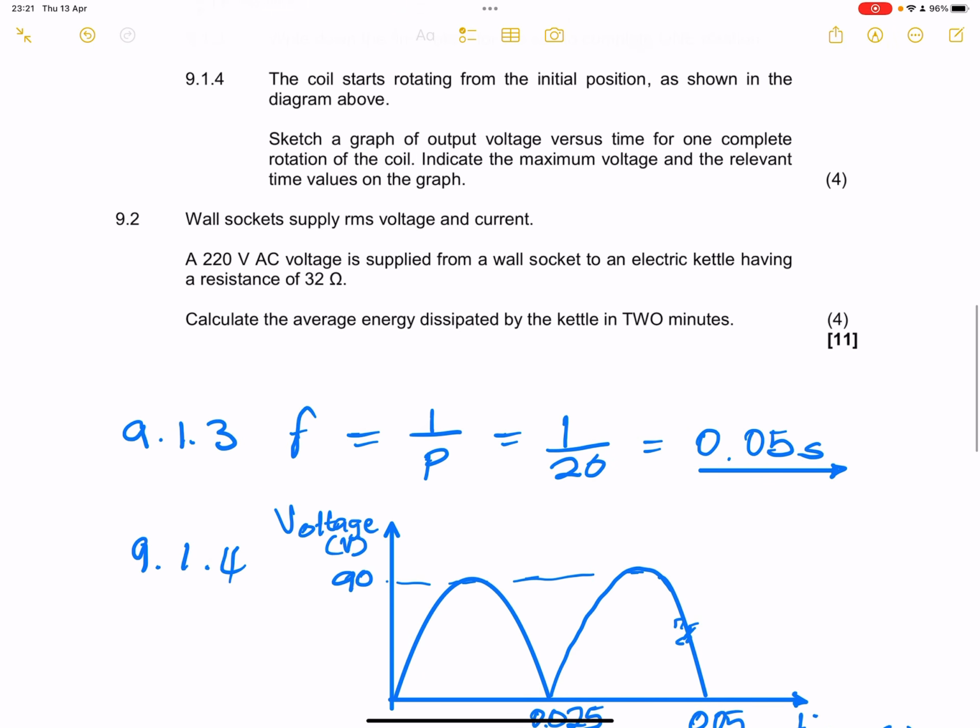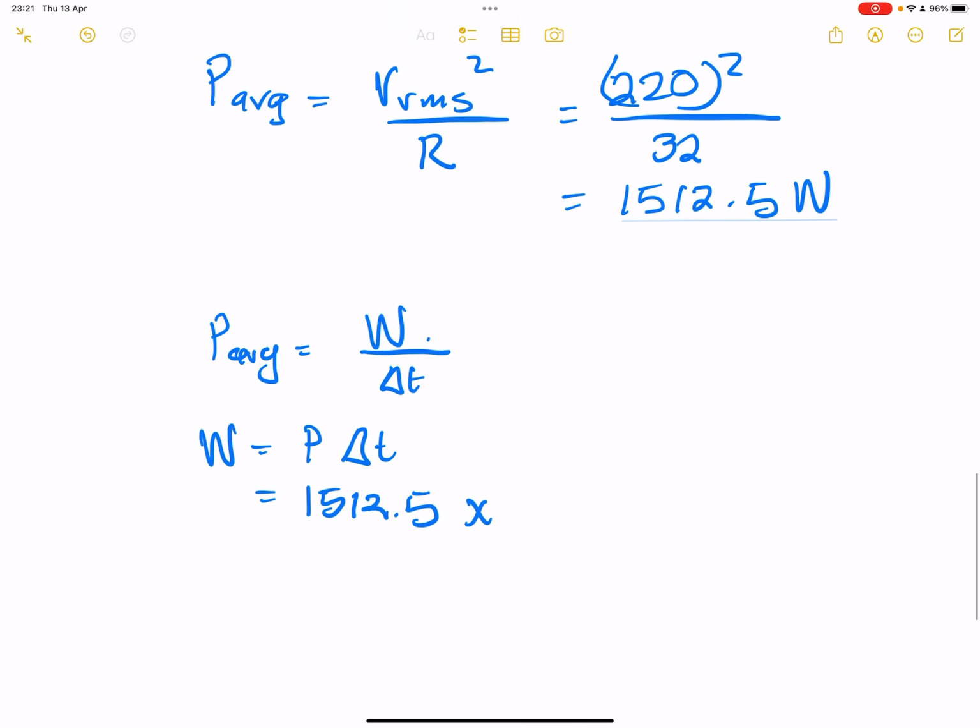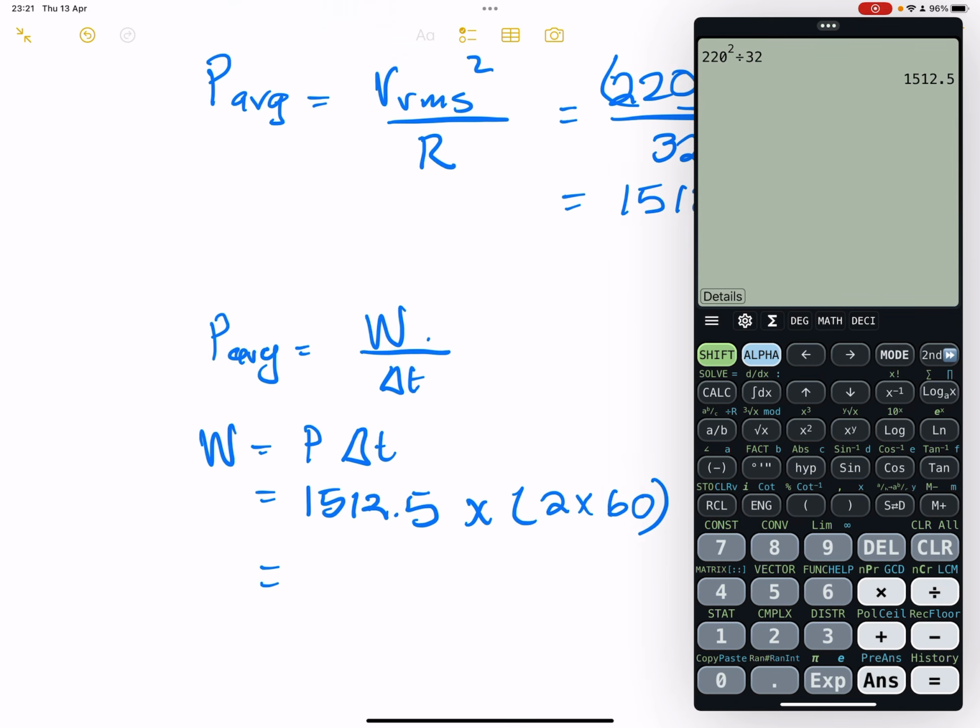Remember, time was given to us in minutes. They said in 2 minutes, but we need to always have that time in seconds. So that's 2 multiplied by 60. Remember, there are 60 seconds in 1 minute. So that would be multiplied by 120.